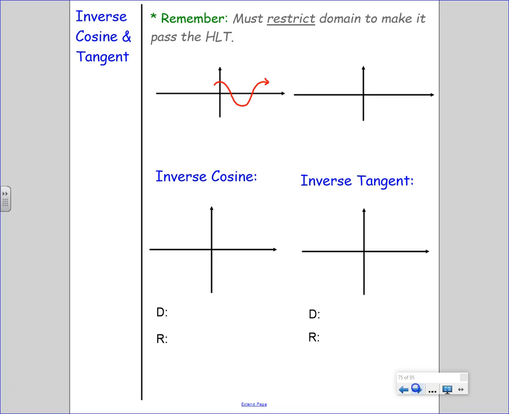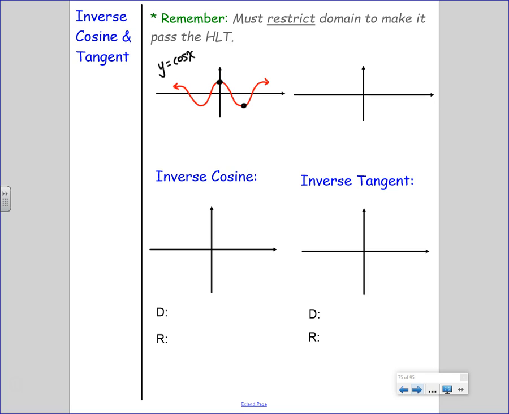Plain old cosine starts at the top, goes to the bottom, comes back to the top. It fails the horizontal line test just like sine does, so we have to cut it just like we cut sine. But the tricky thing is how to cut it. We're not going to cut on either side of the axis because that would fail the horizontal line test.